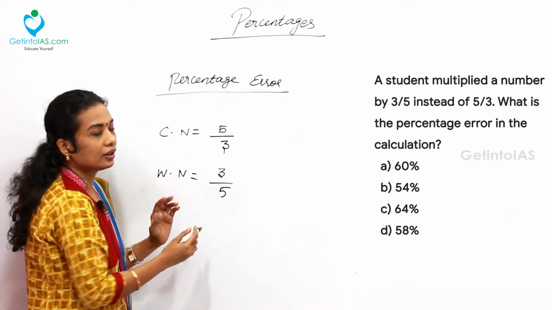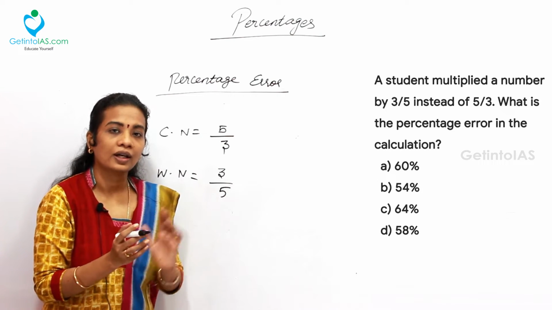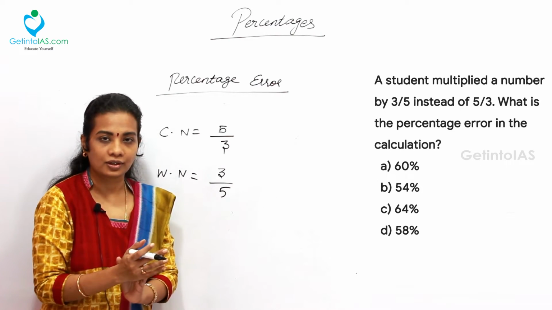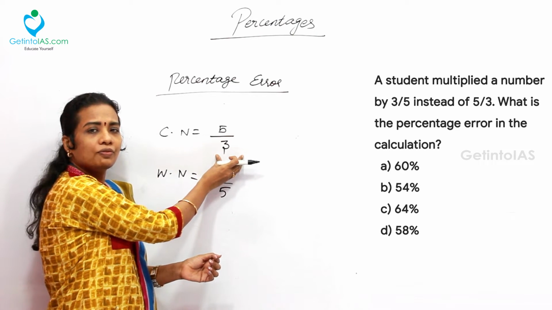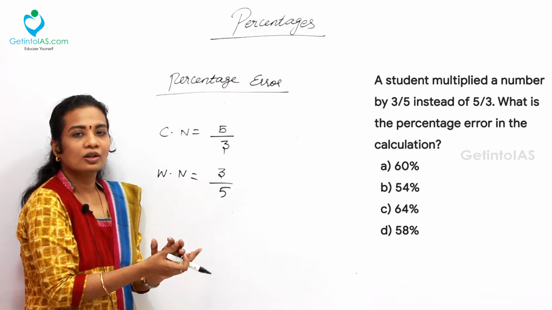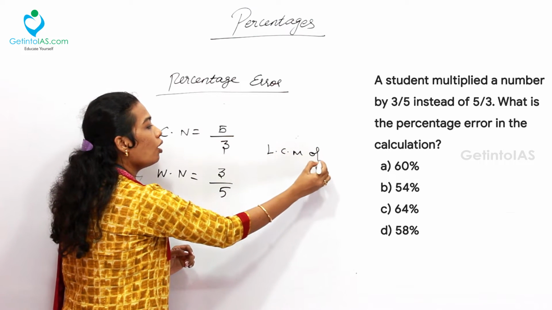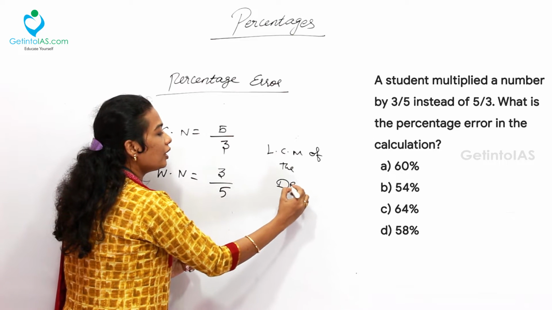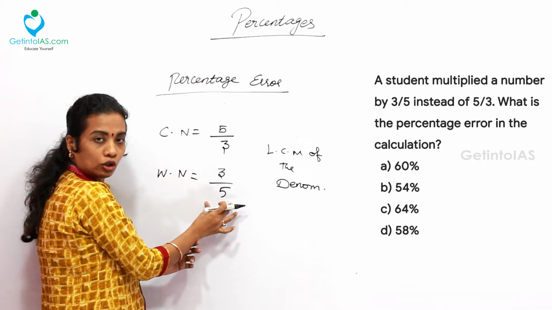Okay, now we need to find the error. Being fractions, it is a little more complicated than integers to subtract or add. For this, simply you can convert these fraction numbers into integers. How? Simply by taking the LCM of the denominators. Both the values have denominators, right?